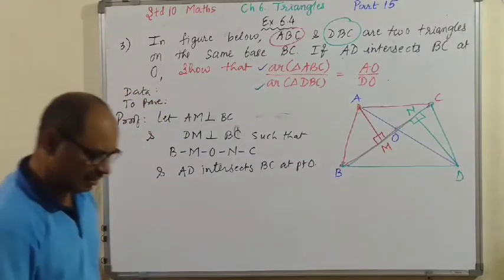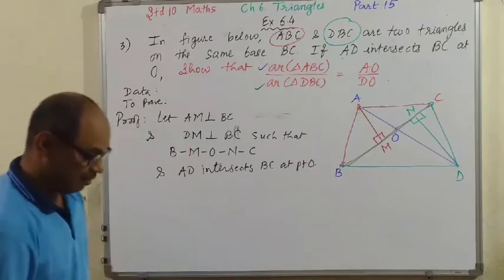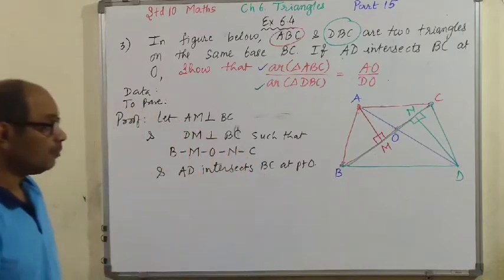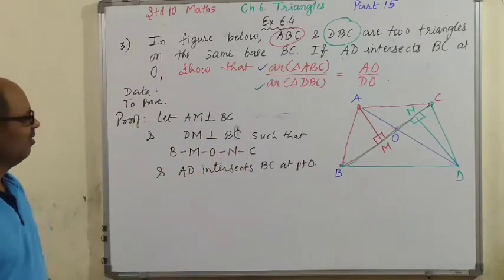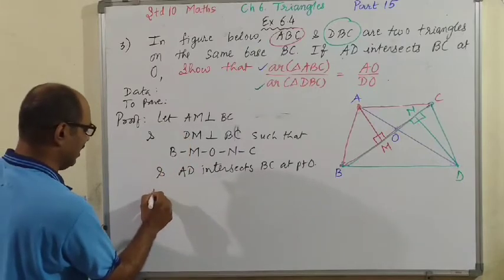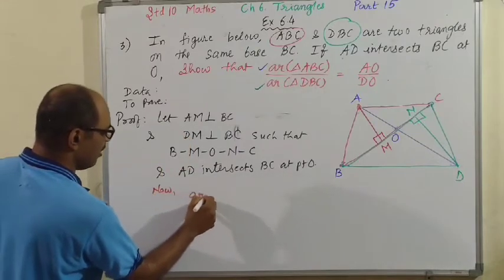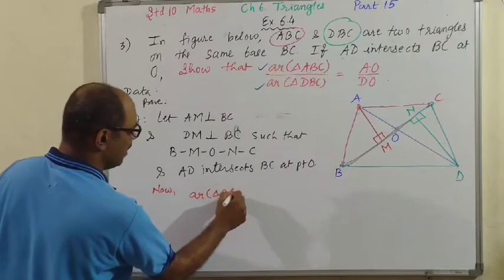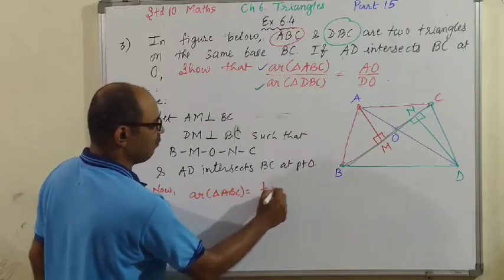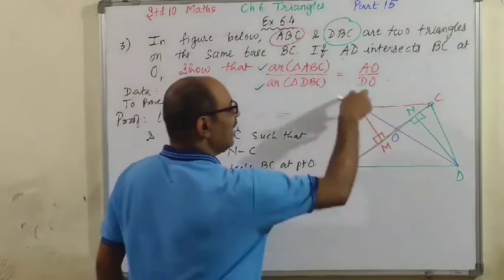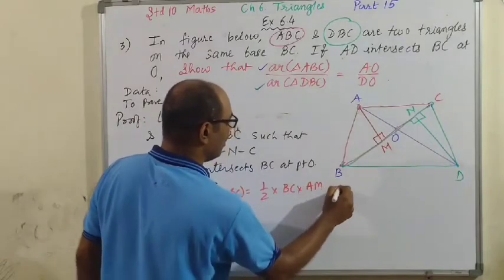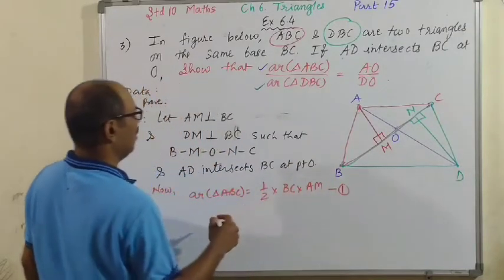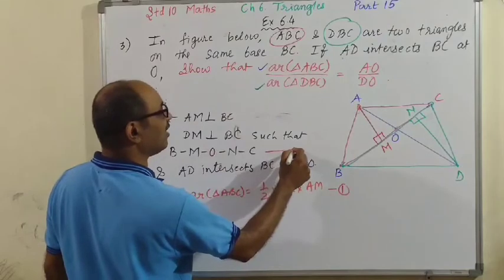Alright. That is given by data. Fine. Now, what you will do? Yes, just find out the area of the red triangle. Now, area of triangle ABC is equal to half into base BC into altitude AM. Result 1. You might need this, so I am calling it result 1.